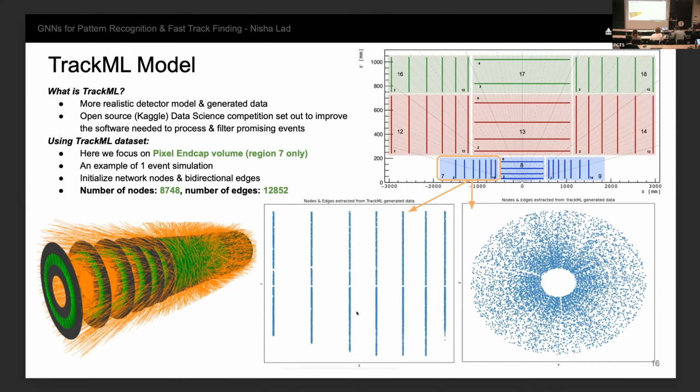This is because the geometry in the setup is very simple, and it gives us a nice parallel set of layers to look at. So we again initialize our network of nodes, this time with approximately 9,000 nodes and 13,000 edges, and they're bidirectional.